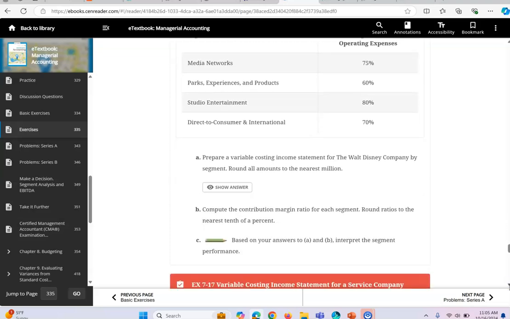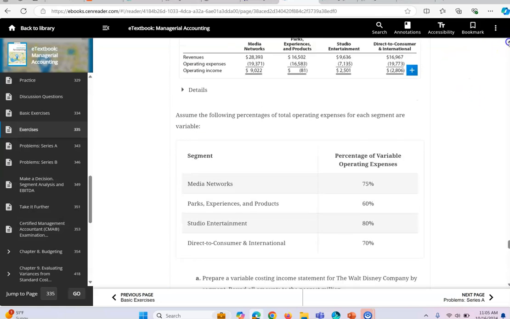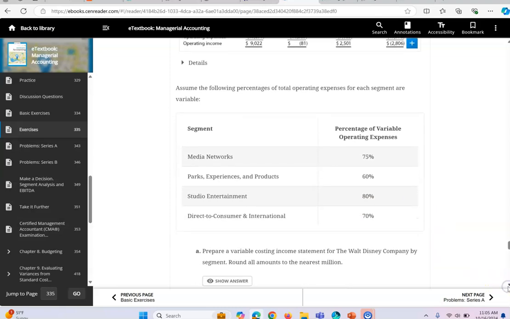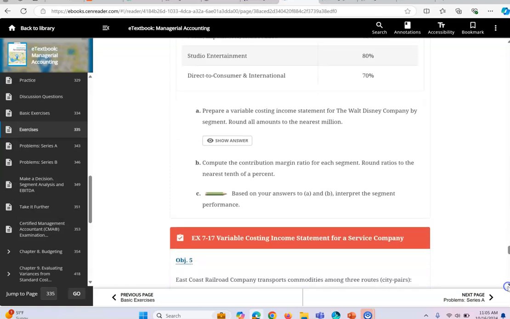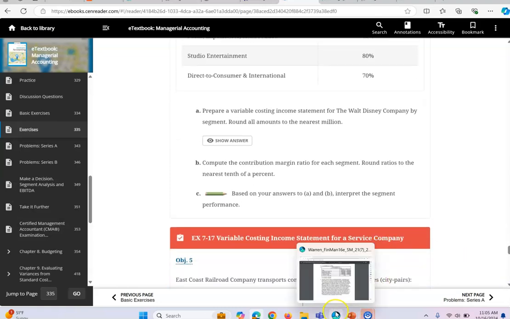Compute the contribution margin for each segment and what happens here. So we see the costs here, and now we see the portion that is variable. So let's look at this exercise here.